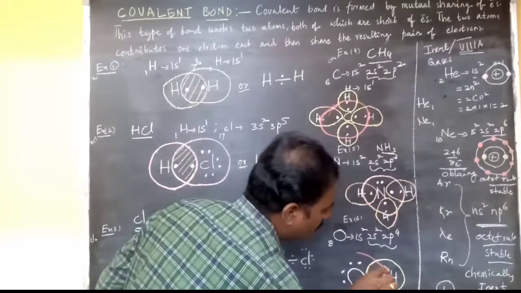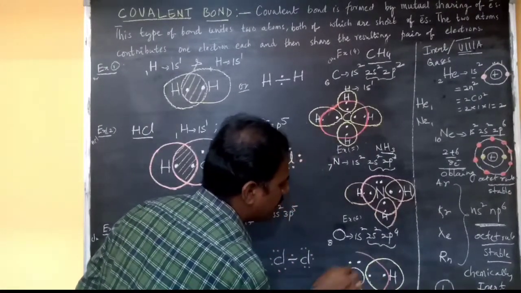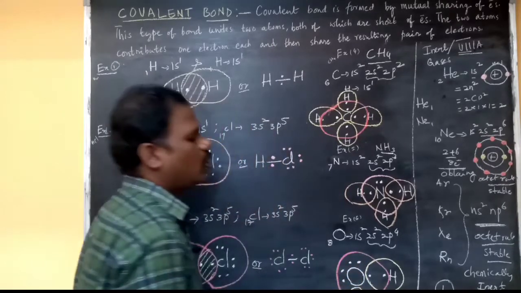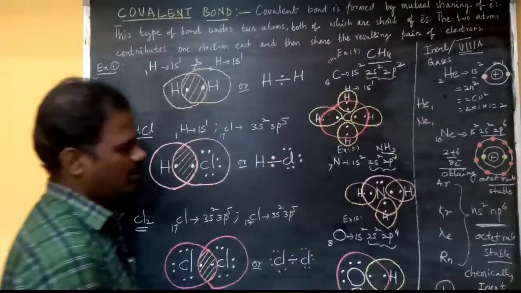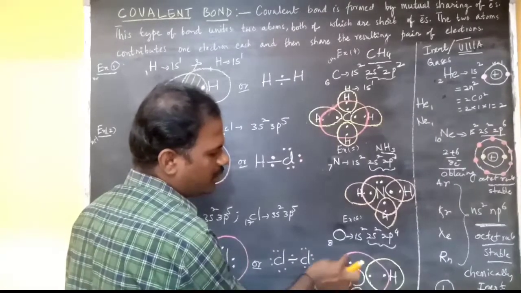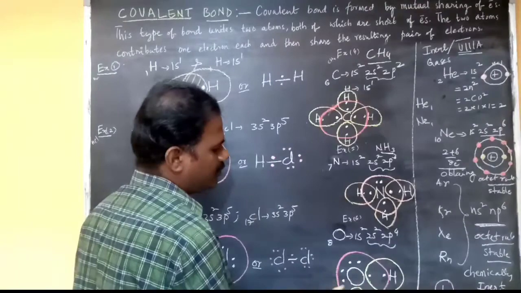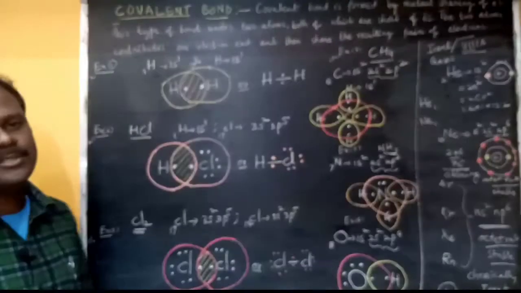That is equal to 8 electrons. That's why it obeys the octet rule. And oxygen has 2 lone pairs of electrons and 2 bond pairs of electrons. Like that we can get covalent bonds of different atoms.